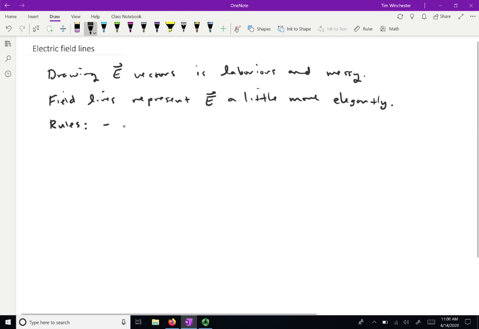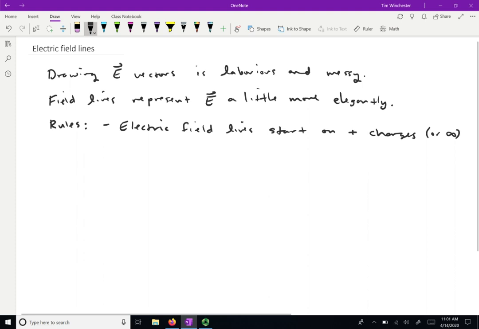Electric field lines start on positive charges, or at infinity. We'll see how you can tell which is which.